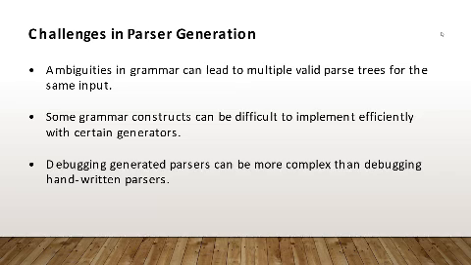Challenges in parser generation: ambiguity in grammar. If the grammar is ambiguous, the parser generator may not know how to choose between multiple valid parses. Left recursion is a typical problem for some parser types, for example, LL parsers, requiring grammar rewriting.